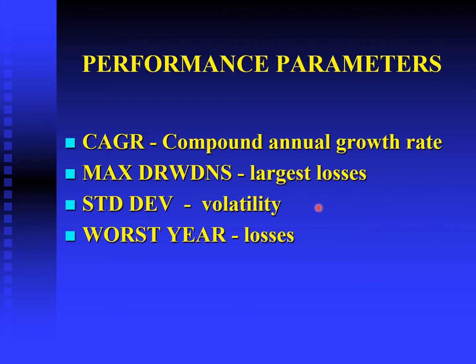The standard deviation, that is, what is the volatility of the returns, how big swings in returns you had in each portfolio. And another one, just to make things a little more useful, is what is the worst year in terms of losses.